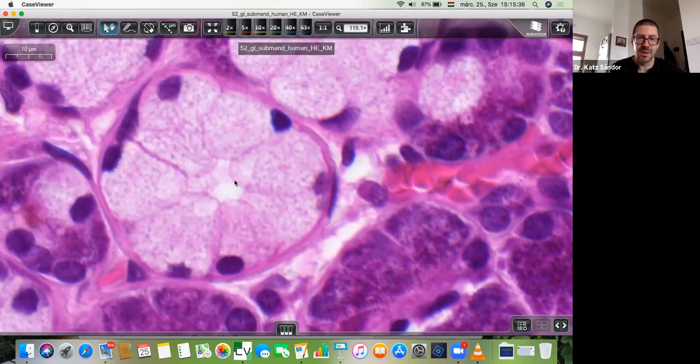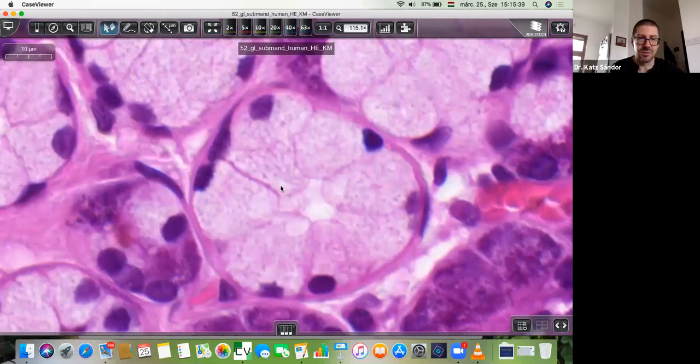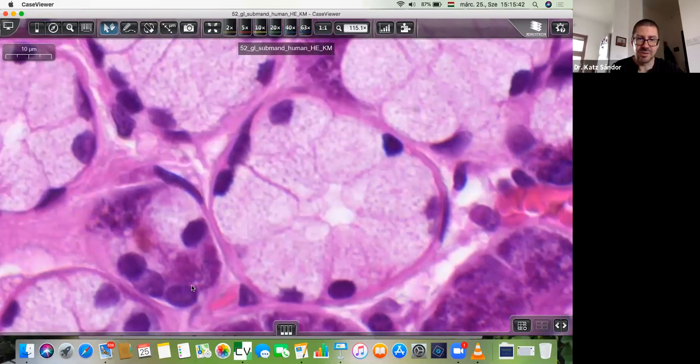Then we can also mention some additional cells. Look at that, there is another acinus. By the way, here we have mucous acinar cells, and here we have serous acinar cells, and this is a really small demilune. This is a serous cap, but this cell is outside the acinar cells, though close to it.